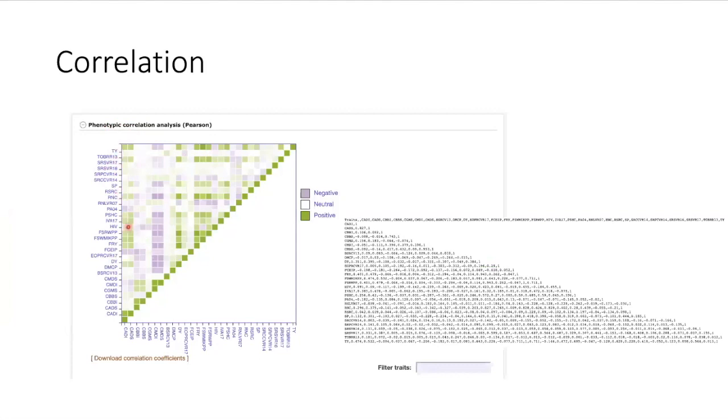The output is an image like that. You can see the correlation, and it's also possible to download the correlation coefficients here. And there is a table with trait names, where you can filter for any trait you want to see with more details.